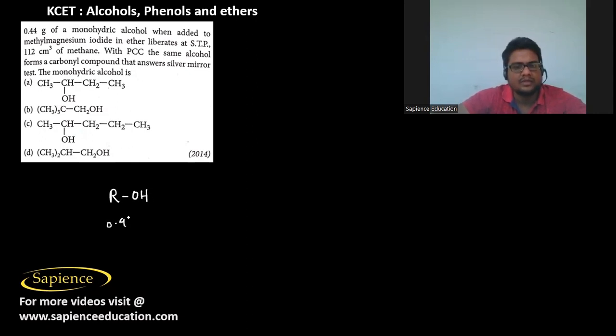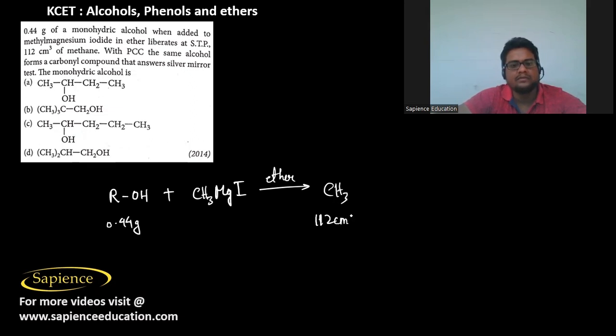So 0.44 gram of this monohydric alcohol, when added to methyl magnesium iodide, which is obviously an organometallic compound, in presence of ether, liberates 112 centimeter cube of methane, which is CH4, at STP.